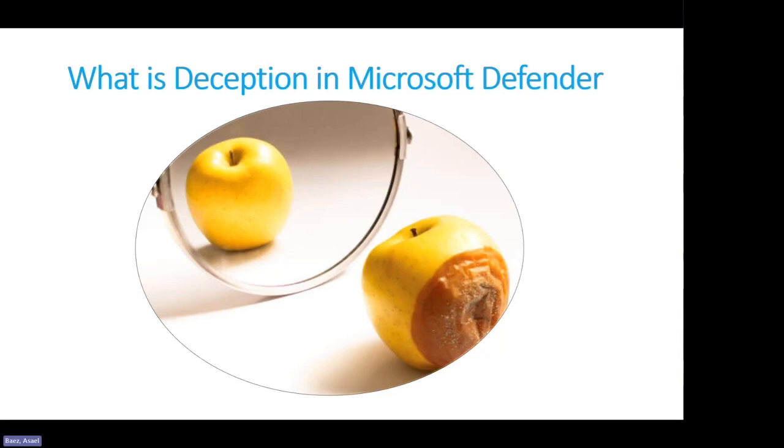what is the deception? So the deception feature, if you enable it, will create a server or an account that an attacker could see as valuable. You could name it something like backup or HR documentation, things of that nature.